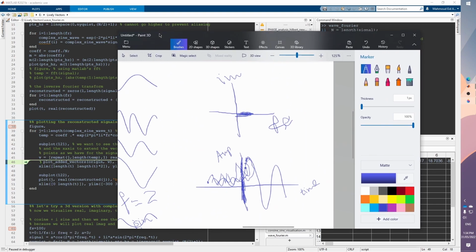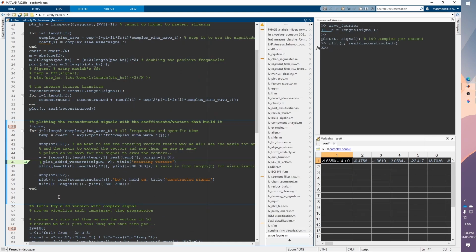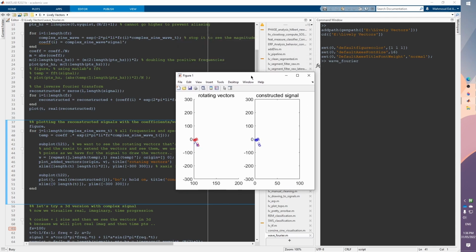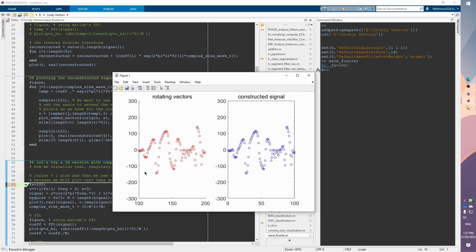So here I'm just changing the limits, like the x limit and y limits, and visualizing our data. So let me run this a second time. Okay, so right now I'm just visualizing this. As you can see, these are the vectors that we are talking about, and these are the points of our signal.